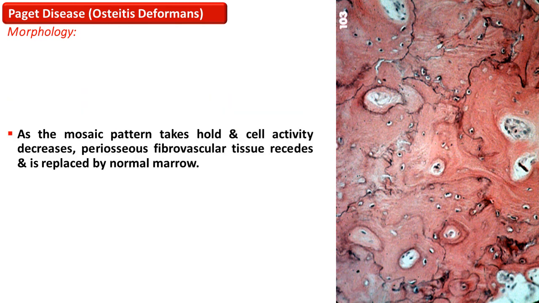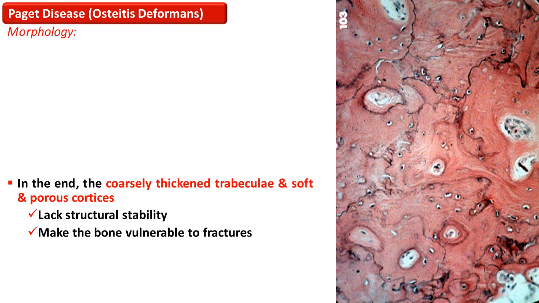As the mosaic pattern predominates, the cellular activity is diminished and periosseous fibrovascular tissue moves back and normal marrow is restored. Finally, the result is coarse, thickened trabeculae and soft, porous cortices. These are a caricature of the normal bone, and this caricature lacks structural support and hence is at risk of fracture.